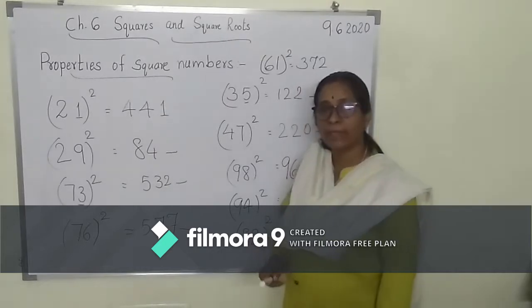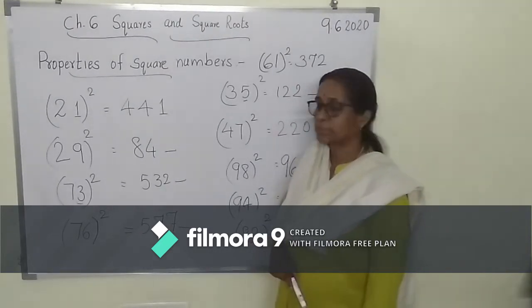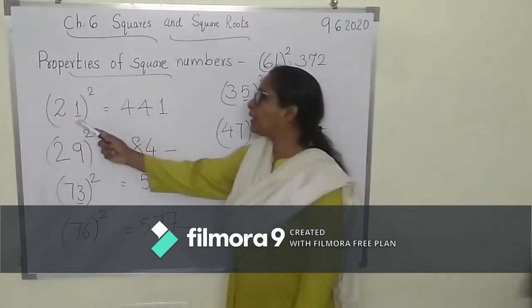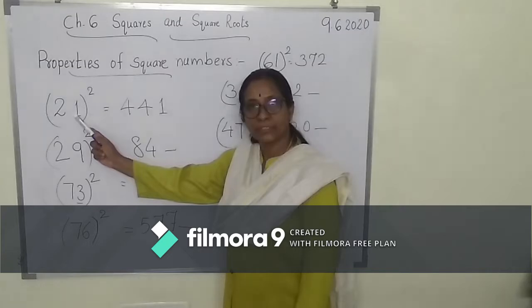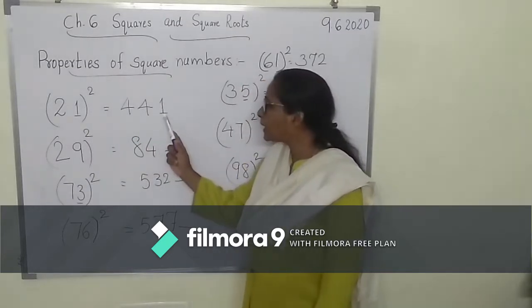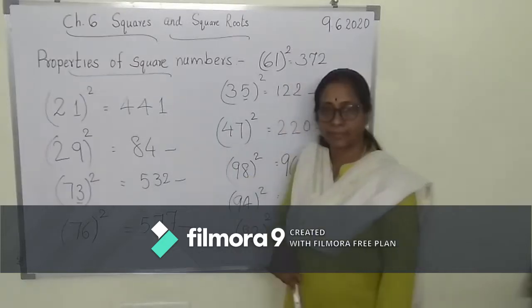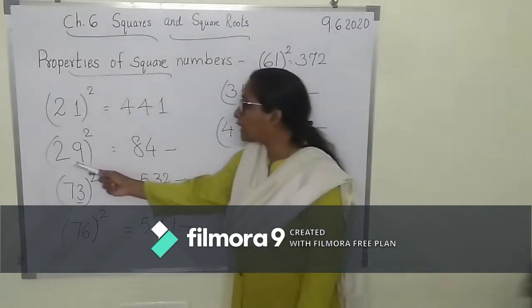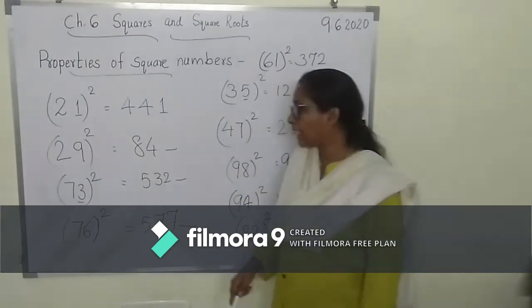Now let us see what will be the unit place of some of the square numbers. Okay. Now 21 square. You see here the unit place is 1. So in the square, 1 ones are 1. Now let us see what will be the unit place of the square of 29.